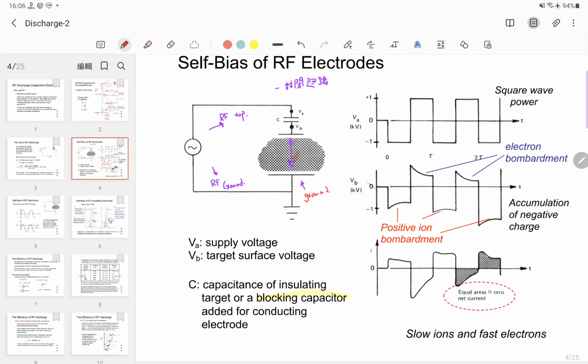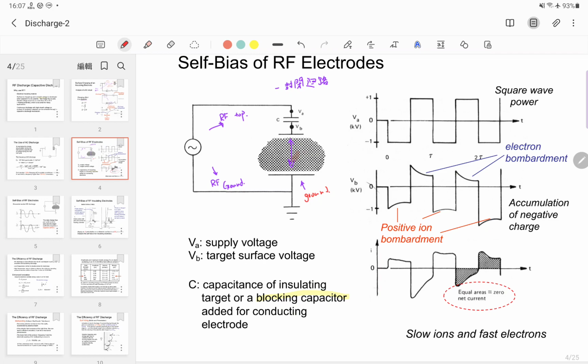At this time point, the polarity of the power supply reverses, because the output changes from minus 1,000 volts to 1,000 volts, so there is a difference of 2,000 volts. For example, the surface of the top electrode changes from minus 800 volts to 1,200 volts, so it jumps up this way.